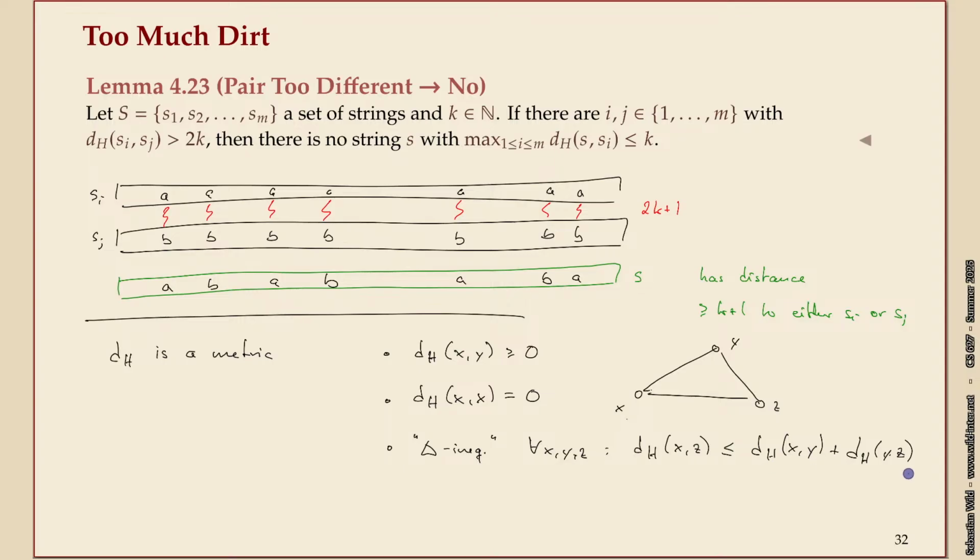Any kind of mismatches between the two, you can only add more mismatches by comparing with this third string. And then this property immediately follows. Because you take this string S, the consensus, as the detour. Okay.